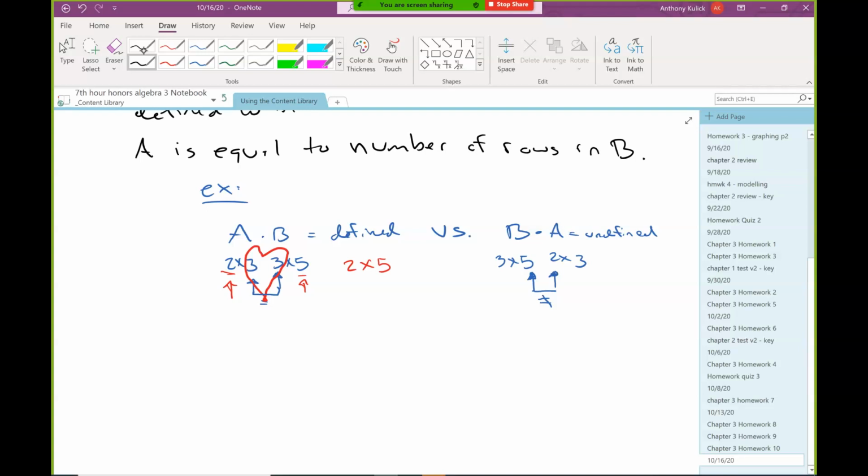All right. Does that feel okay so far? We have yet to talk about how we actually do the multiplication. We're going to do that in a second.